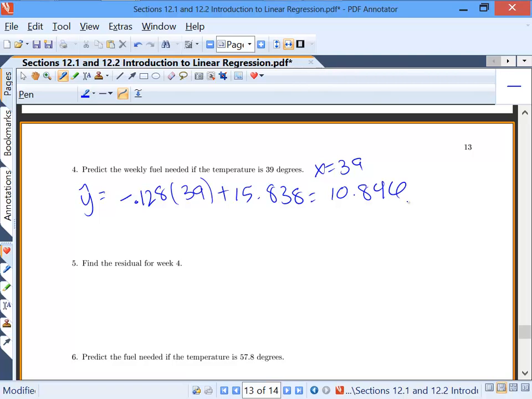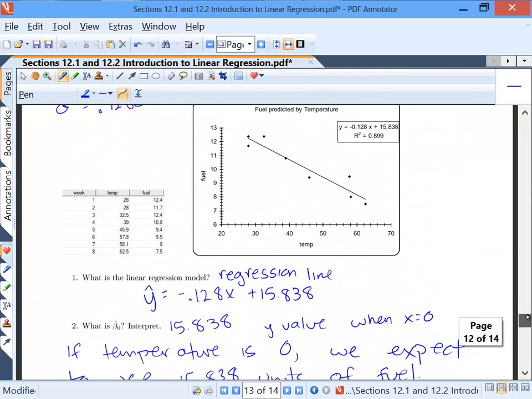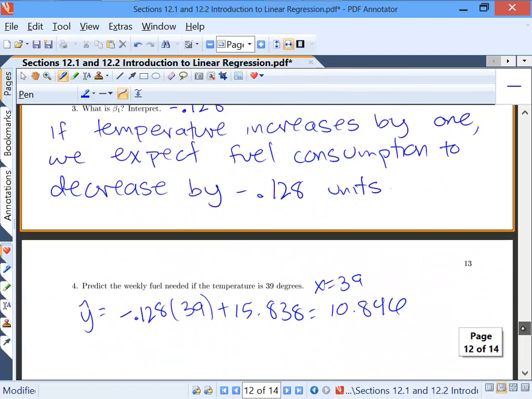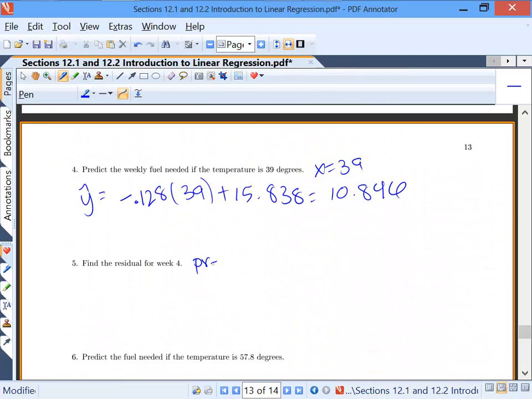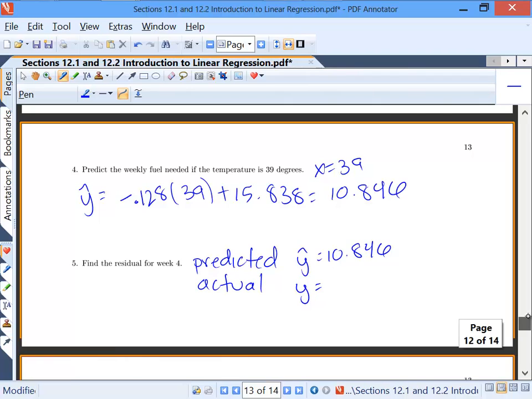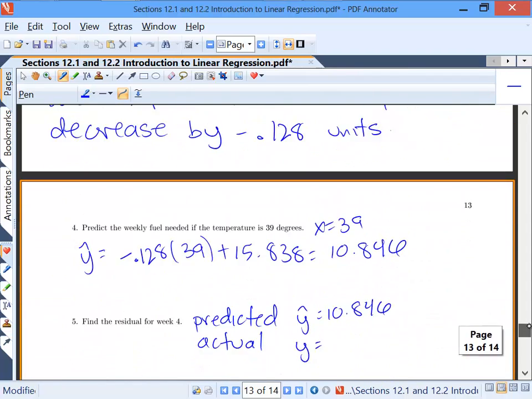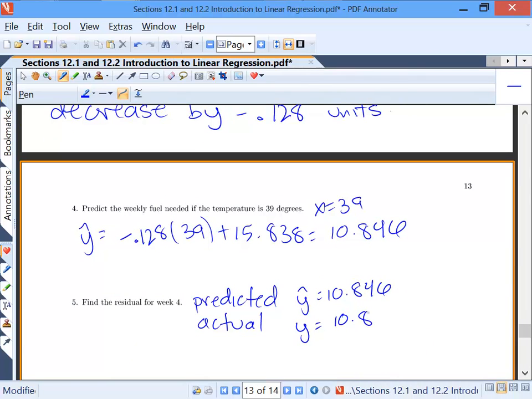Now I want you to find the residual for week 4. You can only find the residuals if you have your actual data set, but I did give you the actual data set for this one because it wasn't very big. For week 4, notice our temperature is 39 degrees, very convenient since that's what I just asked you to predict. The actual fuel needed was 10.8. So our predicted y hat was 10.846, and our actual y value was 10.8. Look back at the previous page.